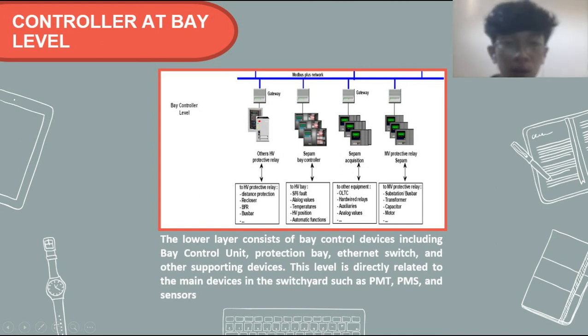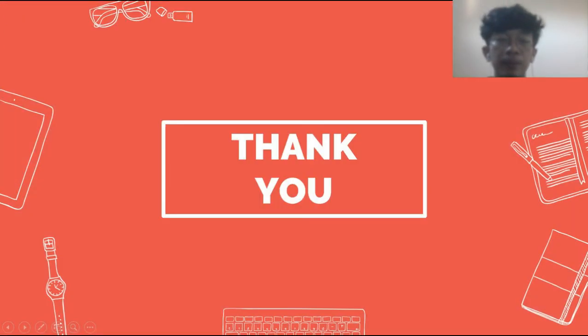The demodulator functions to convert the modulated sinusoidal signal into the digital signal. And last, communication protocol. The communication protocol is the language used in the SCADA system between the RTU and the master station, which is based on the data communication media.